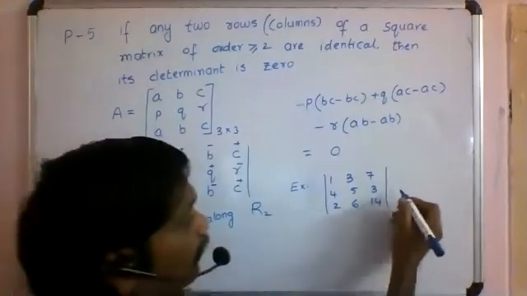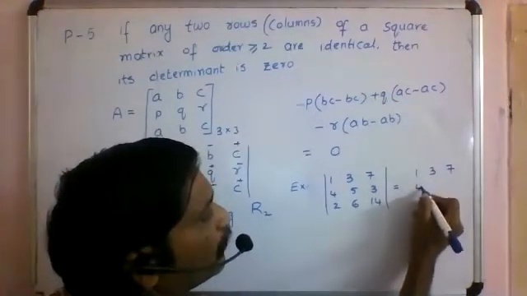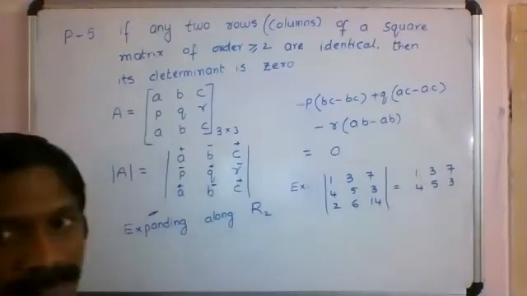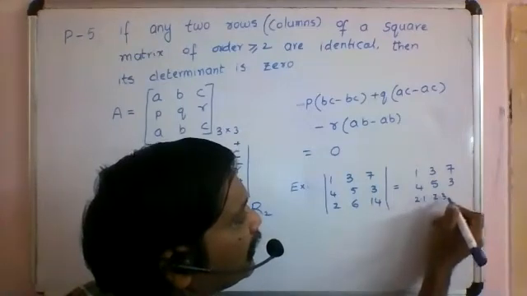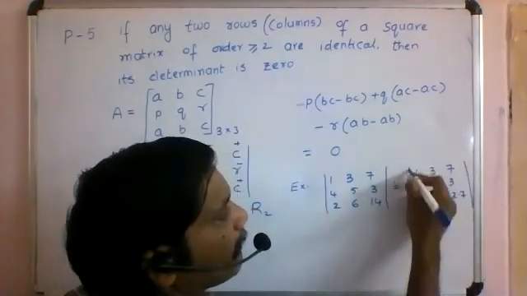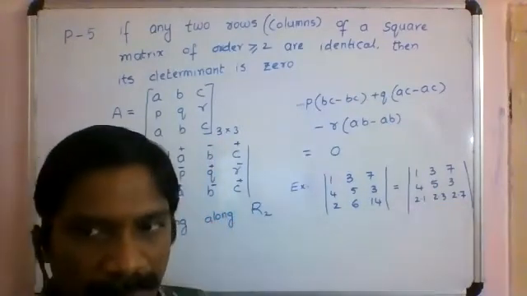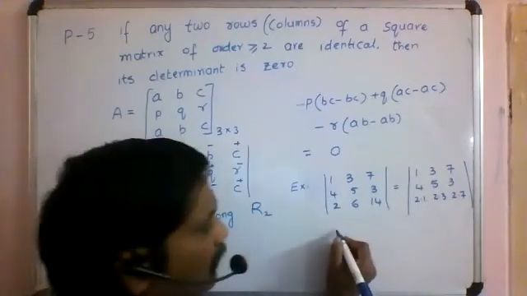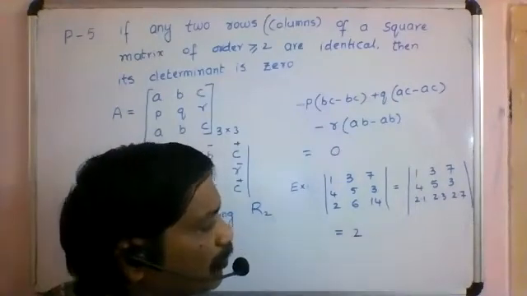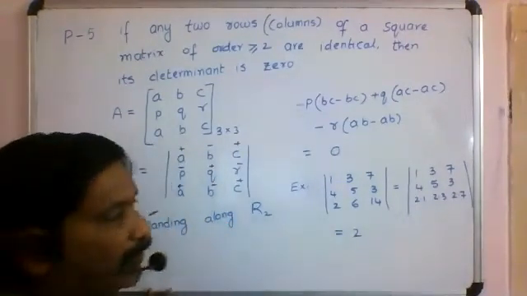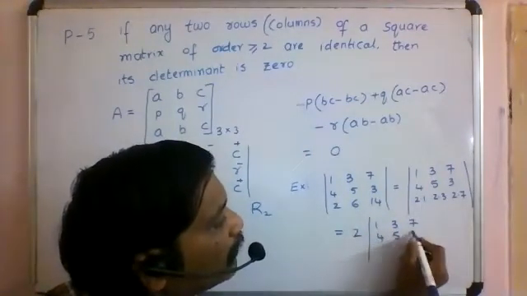But if I write this like this: 1, 3, 7, 4, 5, 3, 2 into 1, 2 into 3, 2 into 7. So one complete row has 2 common. When one complete row has 2 common, we can take 2 outside. We have this property: 2 into 1, 3, 7, 4, 5, 3.